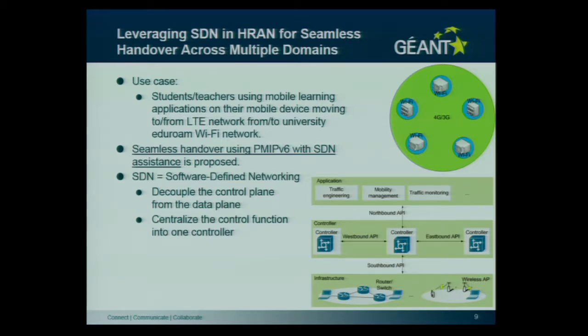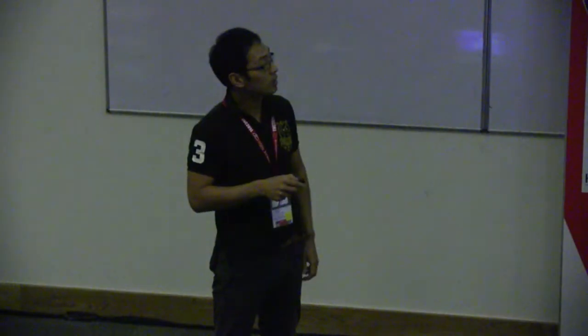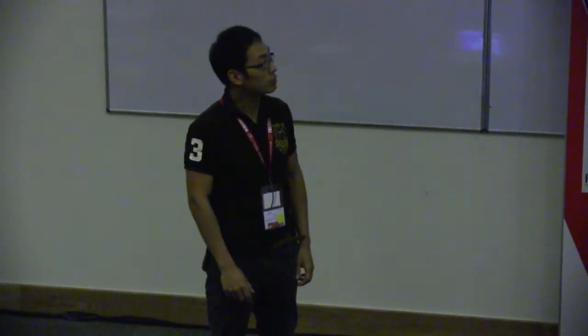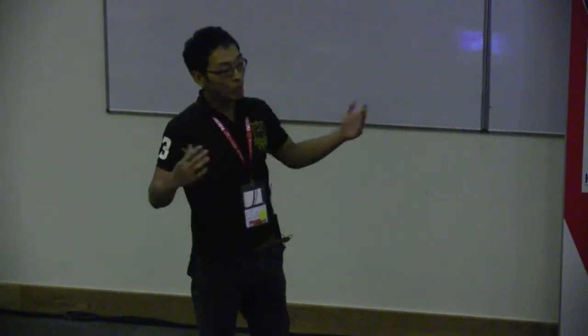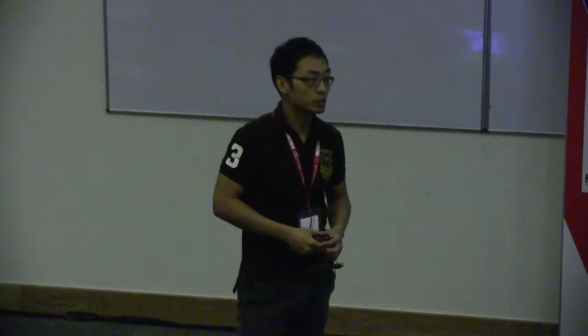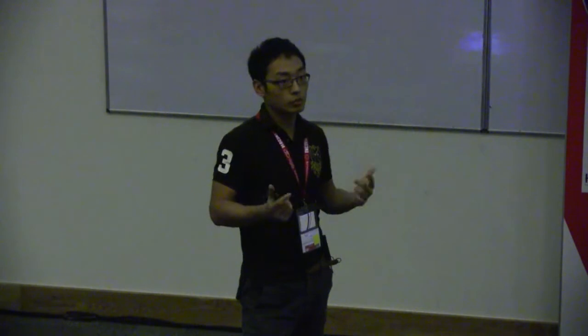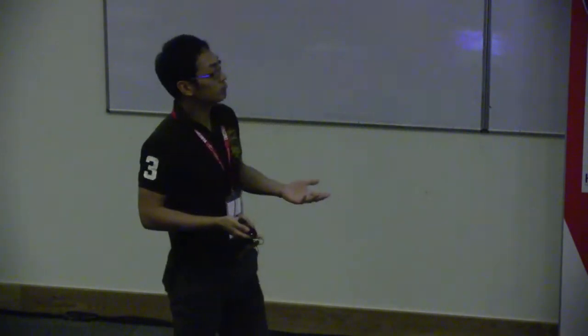The southbound API is responsible for communicating messages from the controller to the hardware and devices. Northbound APIs provide functionalities to upper-layer applications such as traffic engineering, mobility management or traffic monitoring. The east and westbound APIs are responsible for communications between controllers. So this idea is beautiful.